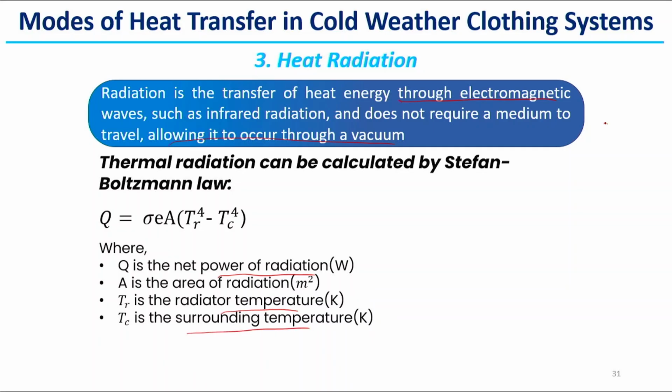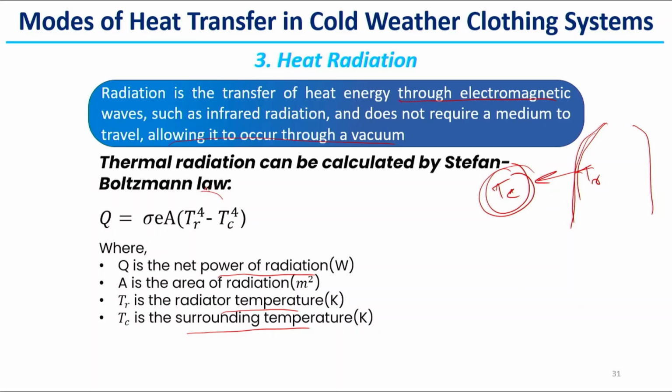So, the radiator is our body, suppose this is our body temperature, T r, or clothing surface temperature, and T c is the environmental temperature, which is at a very low temperature. There we can see the T c, if the T c is lower than this.